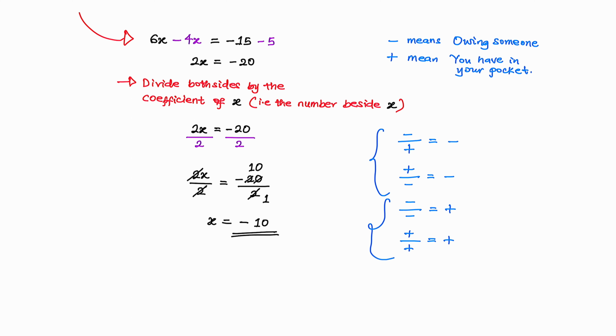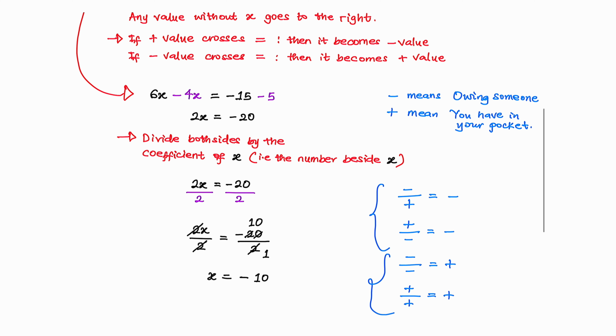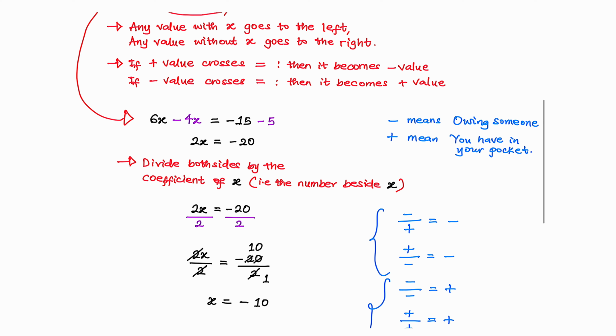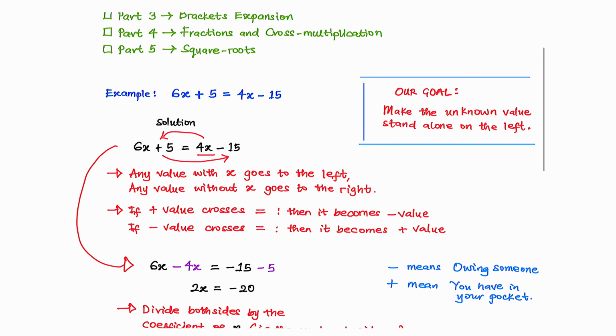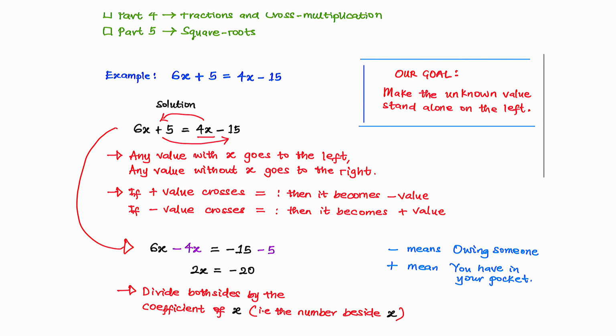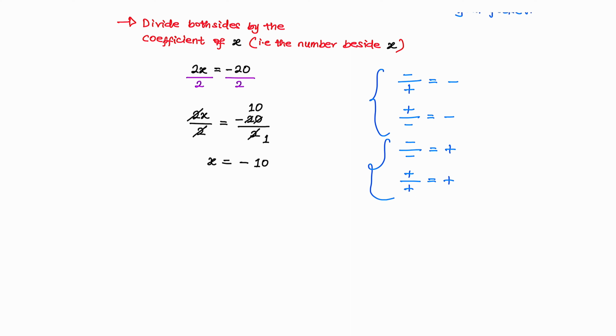X equals minus 10. In a simple linear equation like this, whenever we get our answer, we can always insert the answer back into the question. Let's check if our answer is correct. The question says 6x plus 5 equals 4x minus 15.